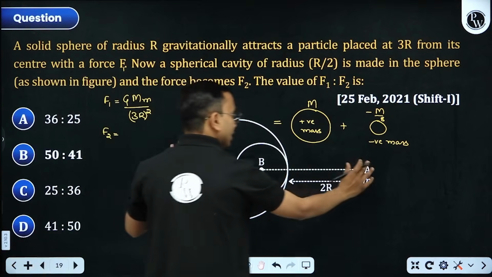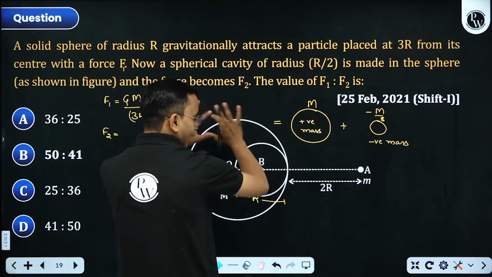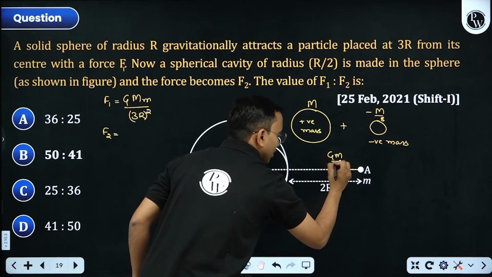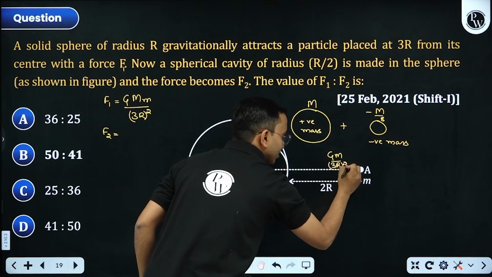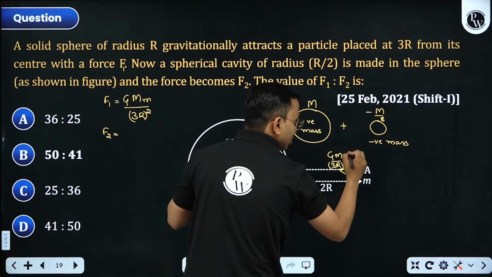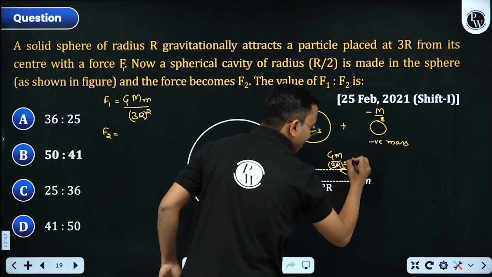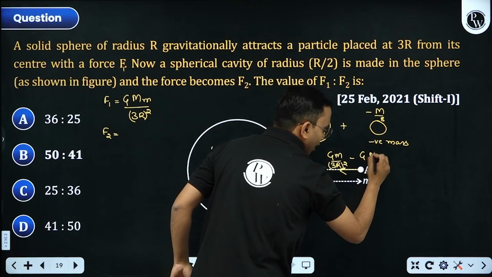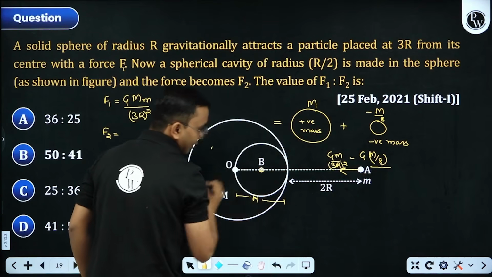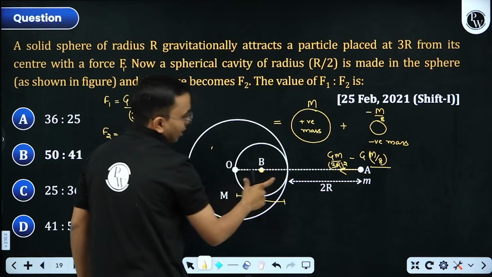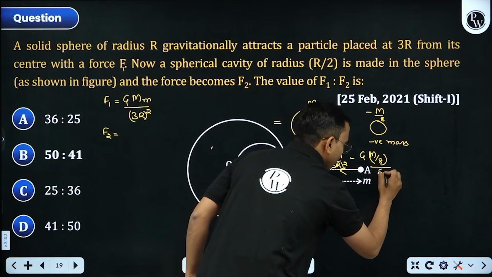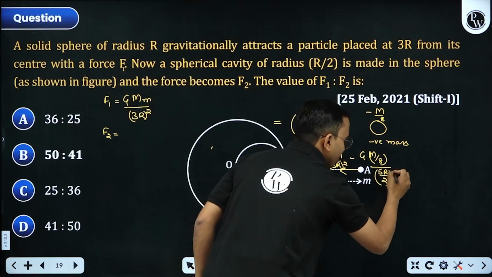So when I write the field here, due to this complete solid sphere, in this direction, how much is that? G into m divided by 3r square. This is due to the complete sphere. Now due to this negative mass, G into minus m by 8, so a negative sign will come: minus G into m by 8 divided by the distance from the center here, that will become 2r plus r by 2, that is 5r by 2, divided by 5r by 2 square.